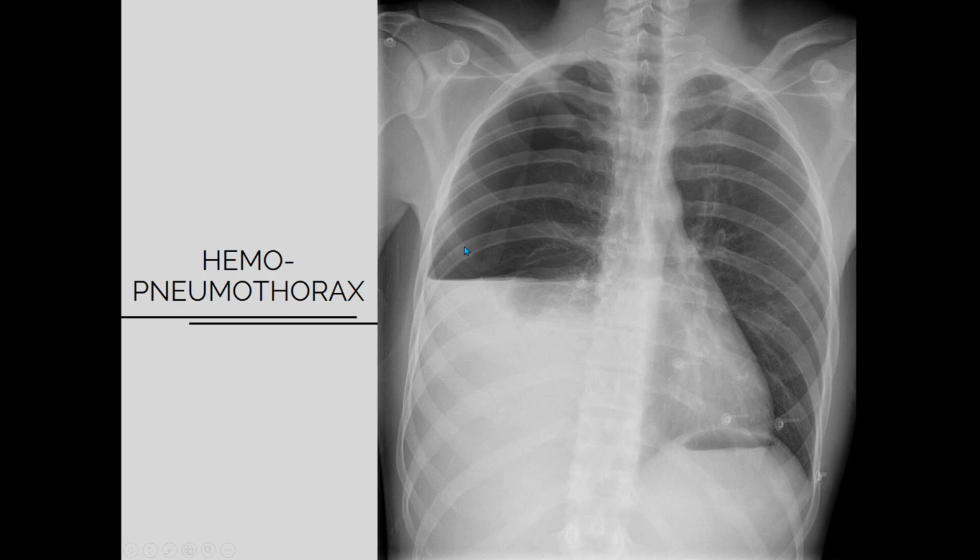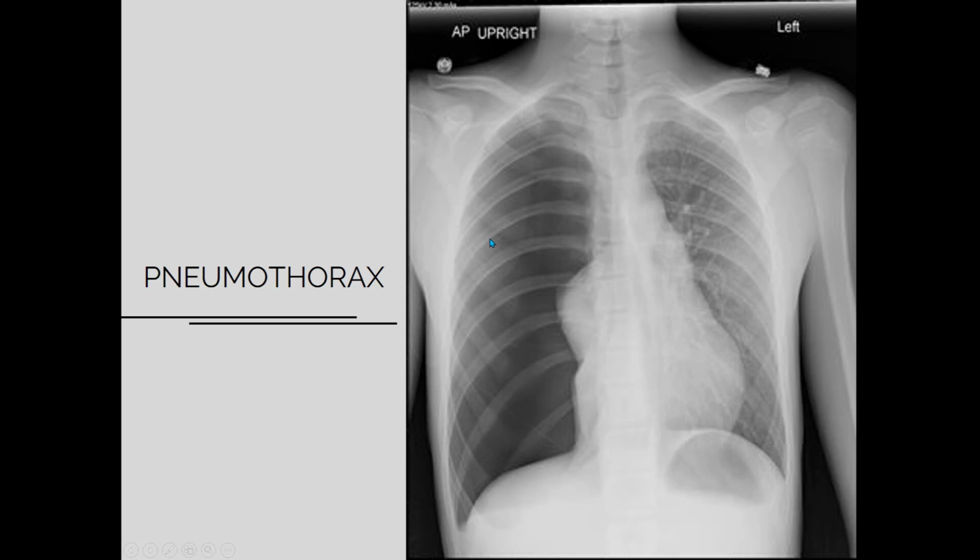So this tells us that there is pneumothorax, that is air present in the pleural space. So along with the blood, there is air. So this is basically pneumothorax on the right side.